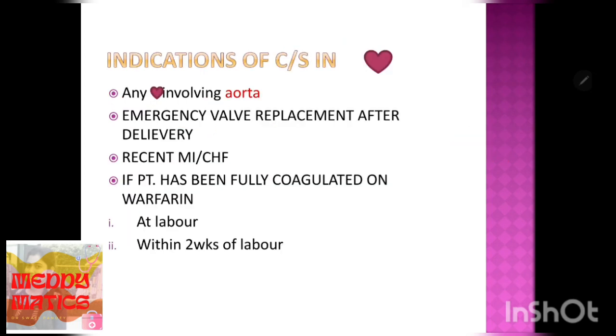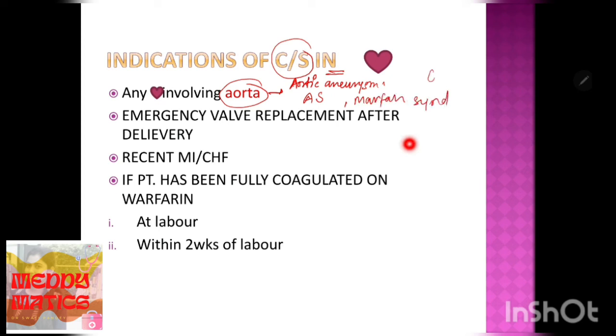Now, indications of cesarean section in heart disease. Any disease which involves the aorta, including aortic aneurysm or aortic stenosis, Marfan syndrome with aorta involvement, or coarctation of aorta.